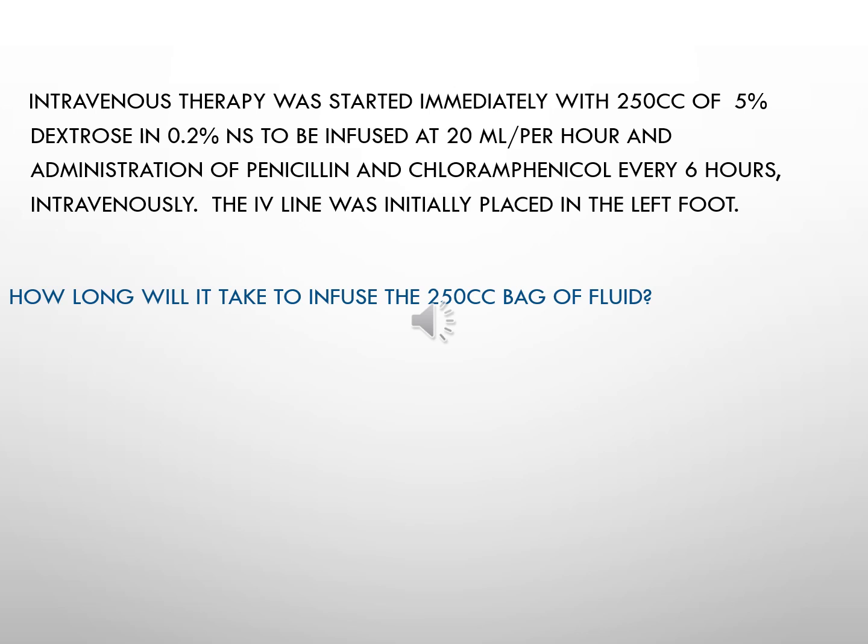So, you have to figure out how many mils per kilogram she can get per hour. So how do you figure out how many kilograms this child weighs? You take the 17 pounds and you divide it by 2.2, and that's going to give you the 7.7.